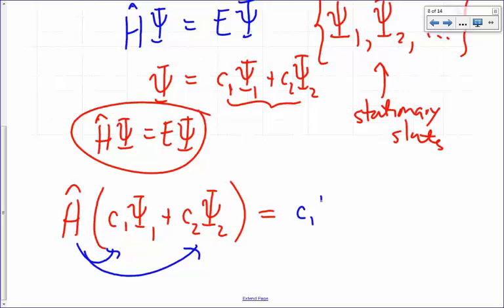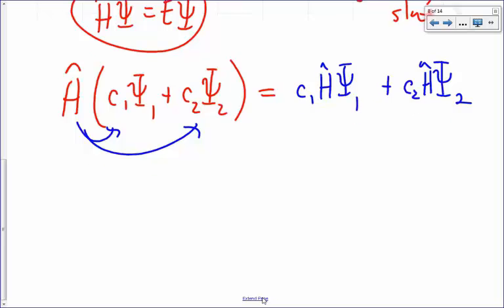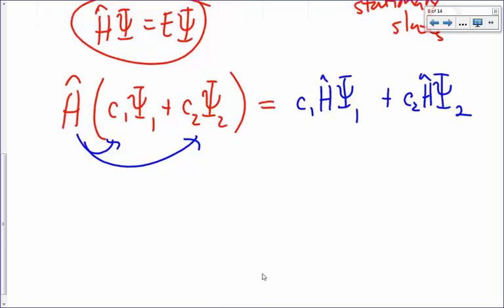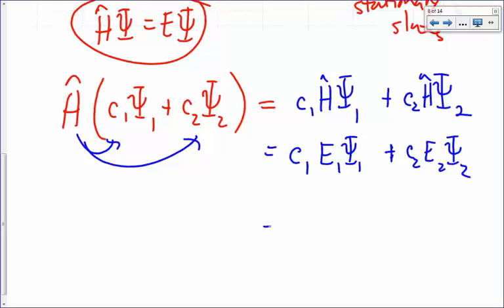So this is going to be C1 H hat psi 1 plus C2 H hat psi 2. Okay? Well, what is H hat psi 1? That's E1 psi 1. And what is H hat psi 2? E2 psi 2. Is that equal to a constant times the original psi?